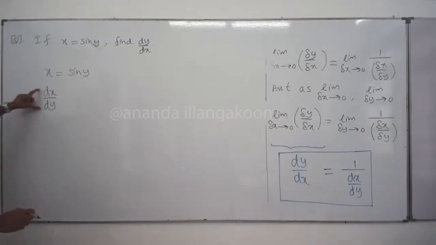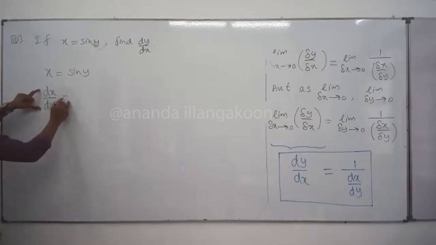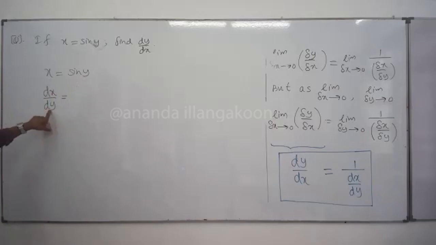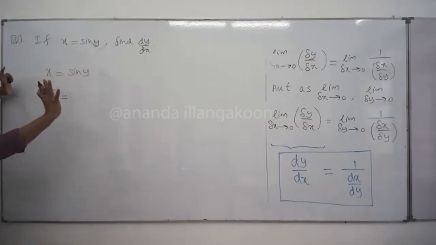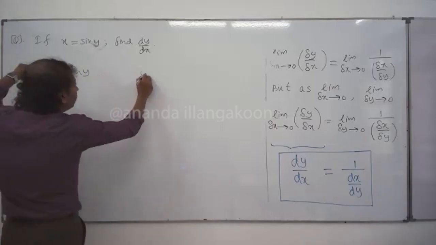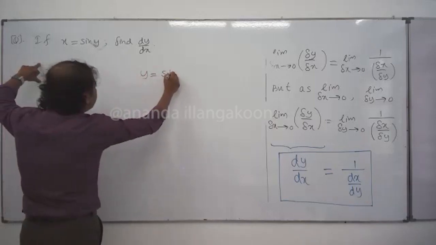Now dx upon dy we can write, people, what? The right hand side variable only, in the left hand side denominator we have, right? So then x equals sin y, dx upon dy we can find here. Think like this. This is how we think, people. No need to have any hesitation in understanding this.